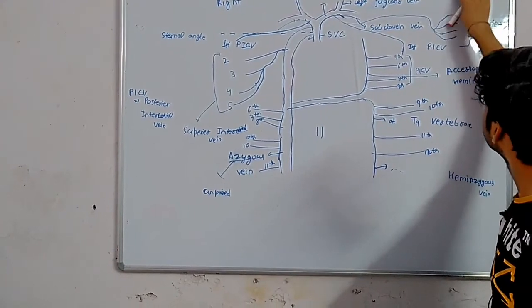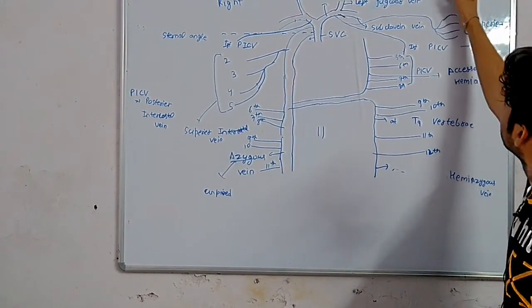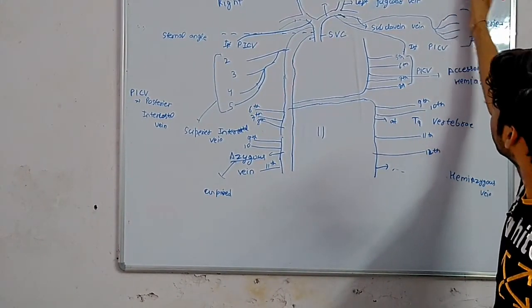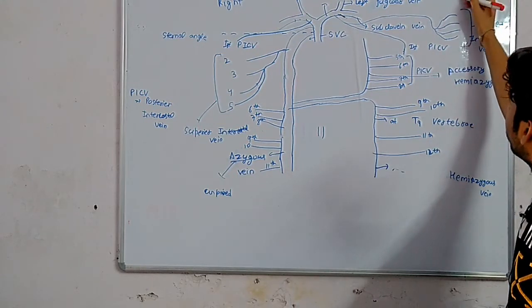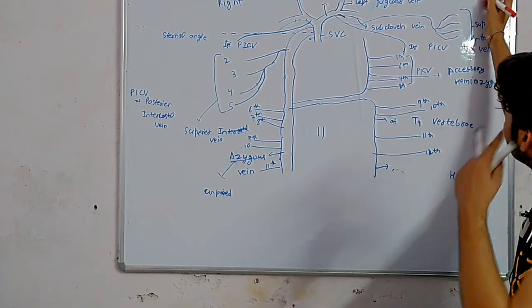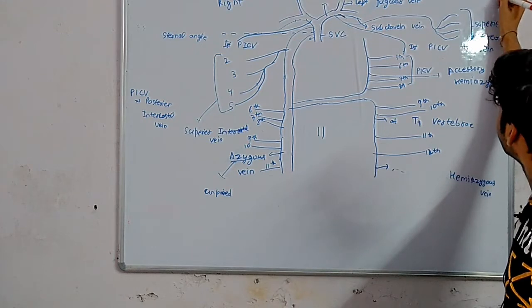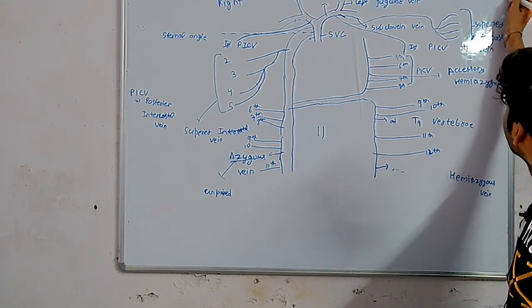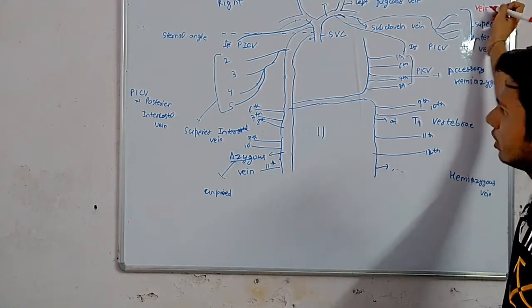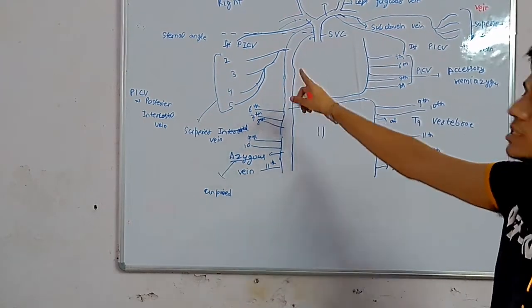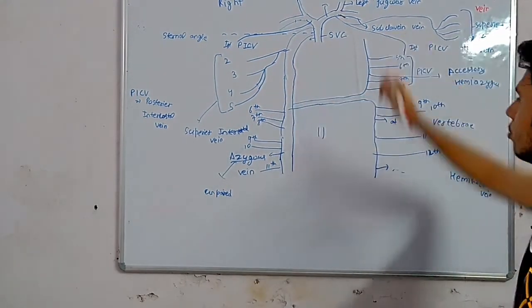Drains into the brachiocephalic vein. On the left side, the superior intercostal vein drains into the brachiocephalic vein; on the right side, into the azygous.